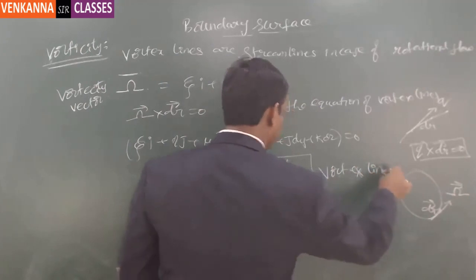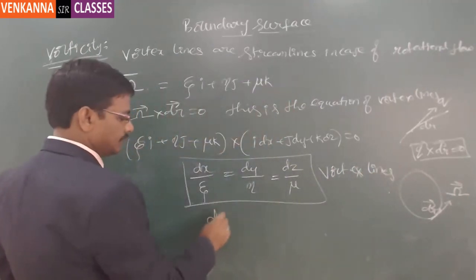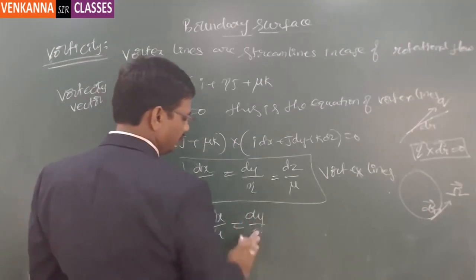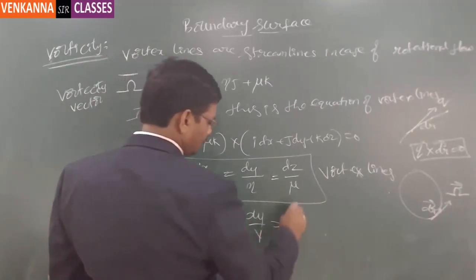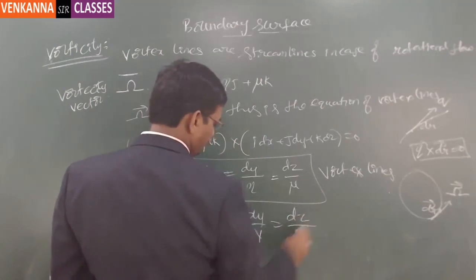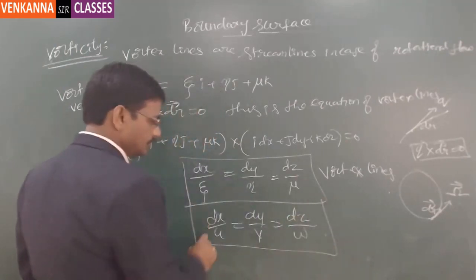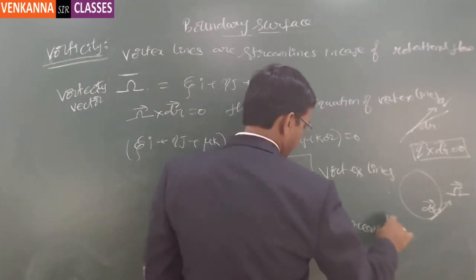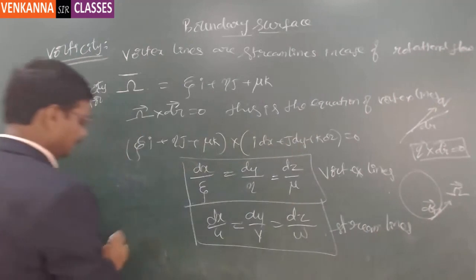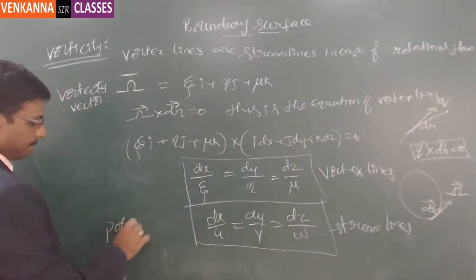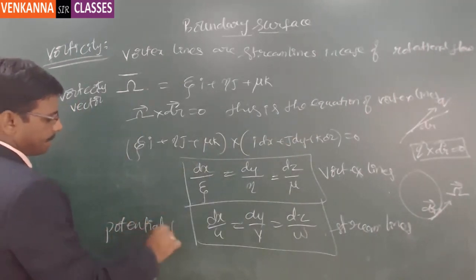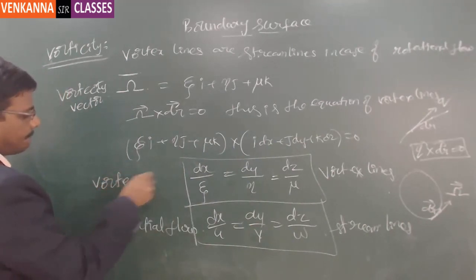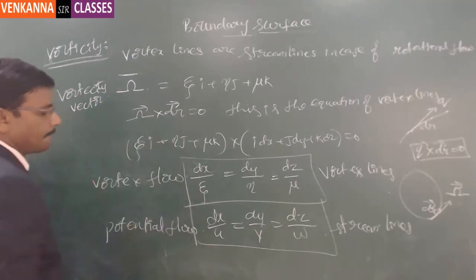I'll write the streamline here itself: dx by u equal to dy by v equal to dz by w. So these are the streamlines, and this is the potential flow. This is the vortex flow. Got it?